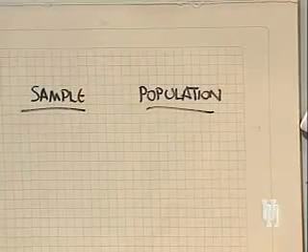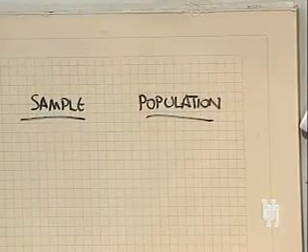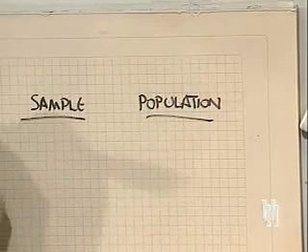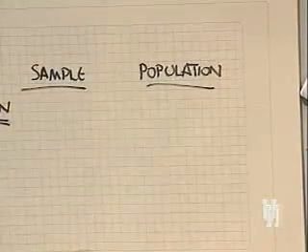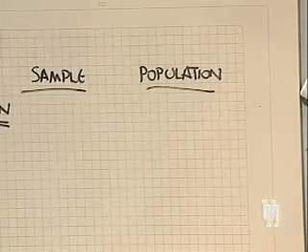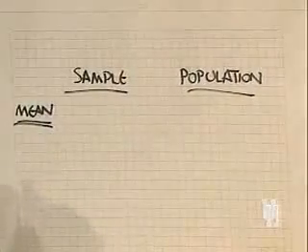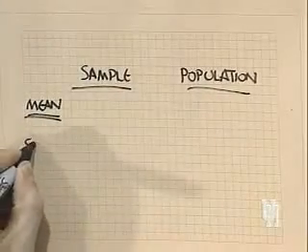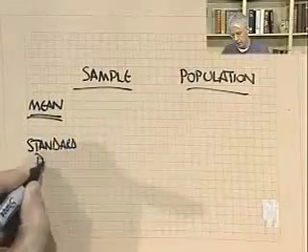And as we move through this chapter, we will talk about mean scores. Mean is simply another word for average. We will also, when we talk about measures of central tendency, talk about something called standard deviation.